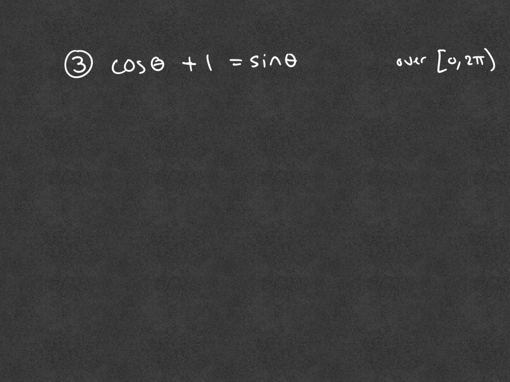Now in this third problem, cosine theta plus 1 equals sine theta. Still can't isolate a trig function, but I also don't really have any identities or formulas that involve just sine or just cosine. It's always squared or 2 theta or something.